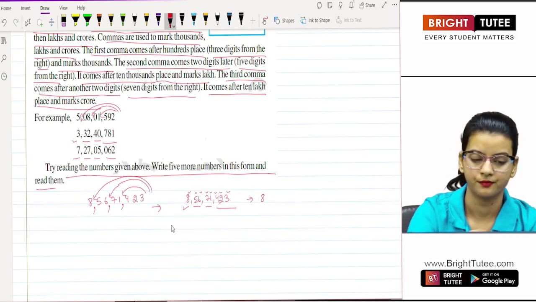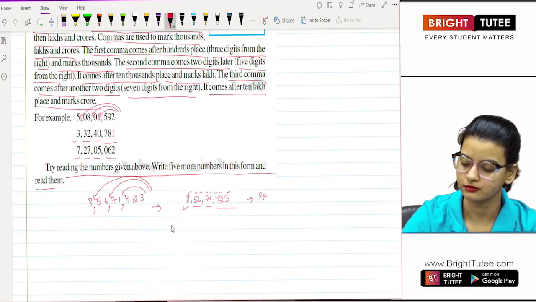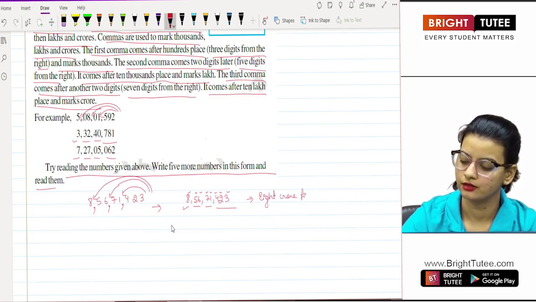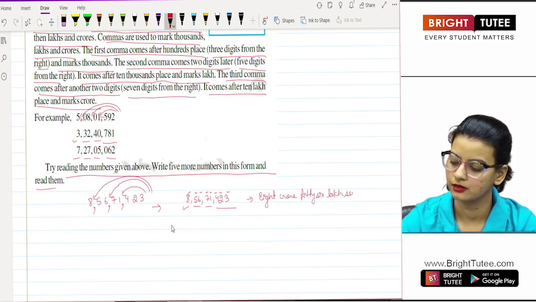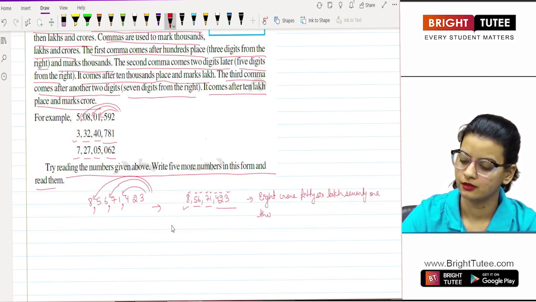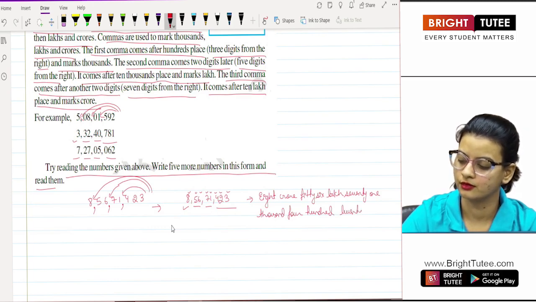If we write this, this is 8 crore 56 lakh 71,423.